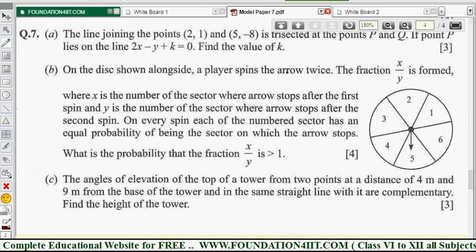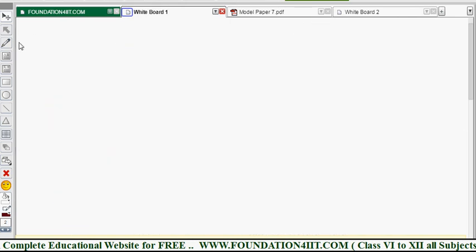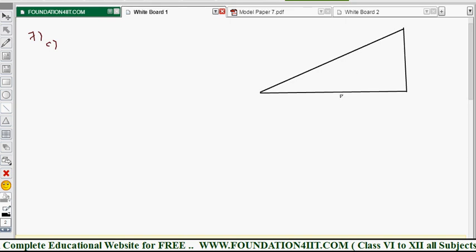Let me draw a diagram and I'll explain this. So in this question, both angles are complementary. We can take the diagram first. One is the baseline, and two angles for the height of the tower. From here is one angle, and from one more point is the other angle.